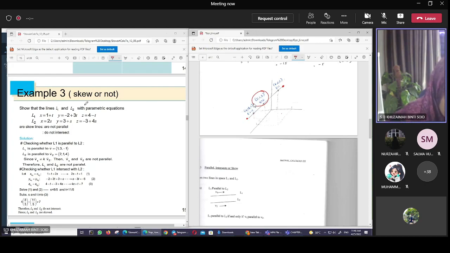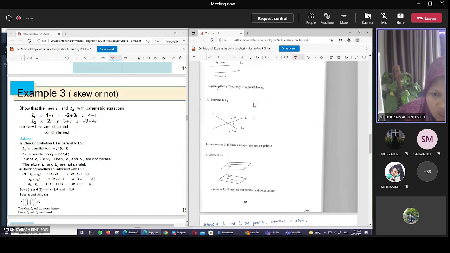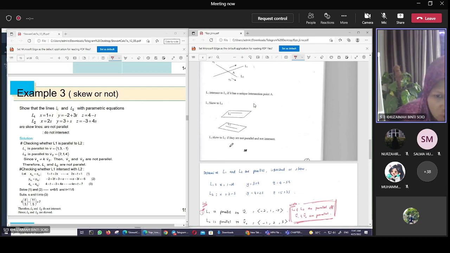Okay, example 3 ni, show that the lines L1 and L2 with parametric equations are skew lines. Okay. How can we imagine the skew lines itu? As you can see, there are three patterns of line.